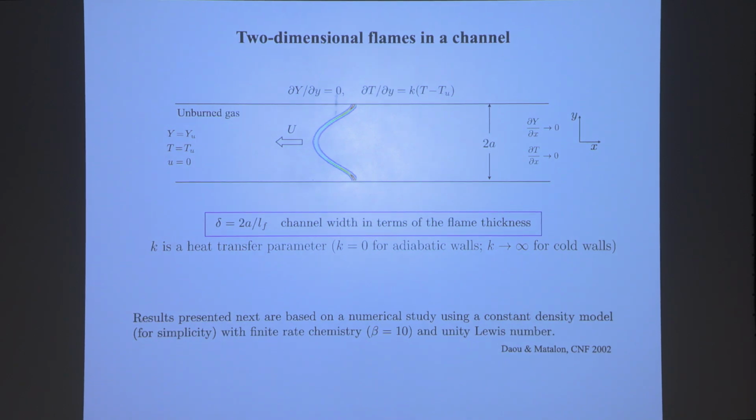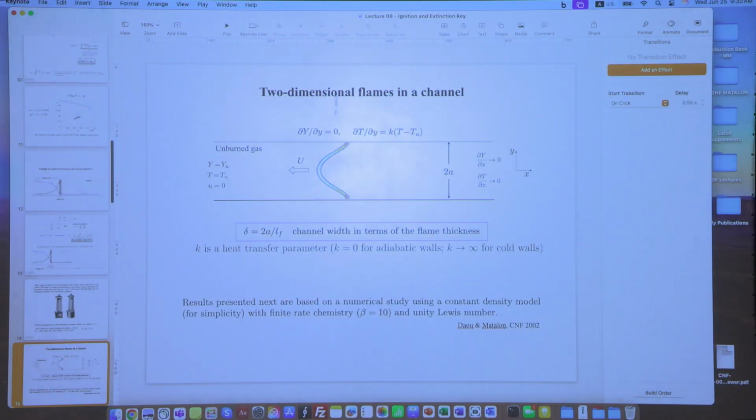Here is some computation that was done long ago, but under the assumption of constant density. In other words, we didn't really account for gas expansion and the changes in the velocity of the gas. The idea is that you have a channel and you have heat losses at the walls.